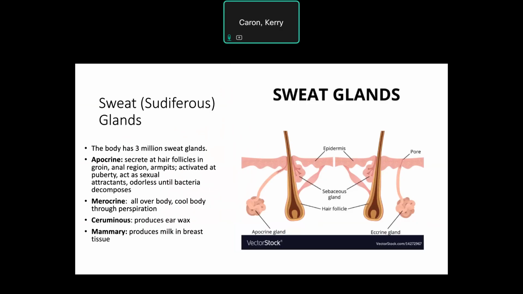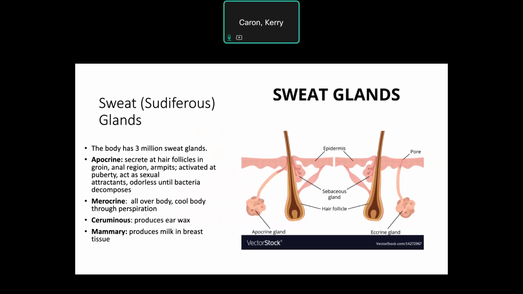Your sudoriferous glands are a little different than sebaceous. Those secrete sweat, and the body has 3 million sweat glands. It's apocrine. We secrete at our hair follicles, so we have more sweat glands in our groin, anal region, and armpits, and these are activated at puberty.